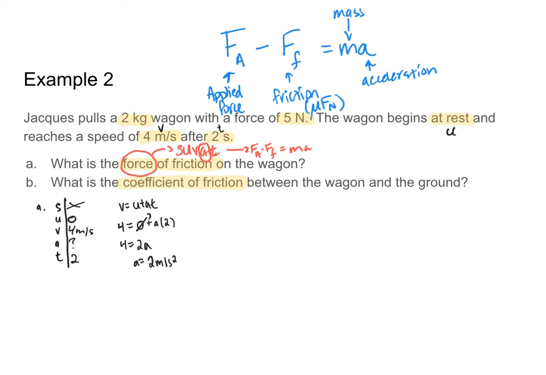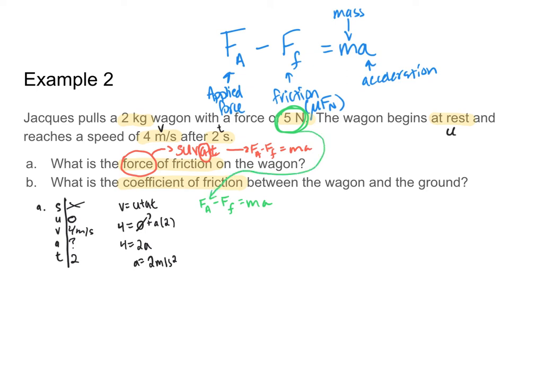Now I can plug that in to my FA minus FF equals MA equation. And I'm going to go ahead and do that in another color since it's new. So FA minus FF equals mass times acceleration. And the new thing here is now, instead of just finding my acceleration and using that to find my net force, I'm going to find my acceleration and use that to find my net force, but combine that with a force that I'm already given to figure out a specific missing force acting on the object.